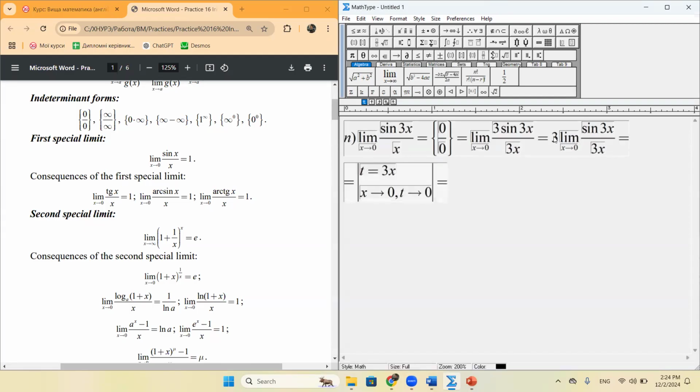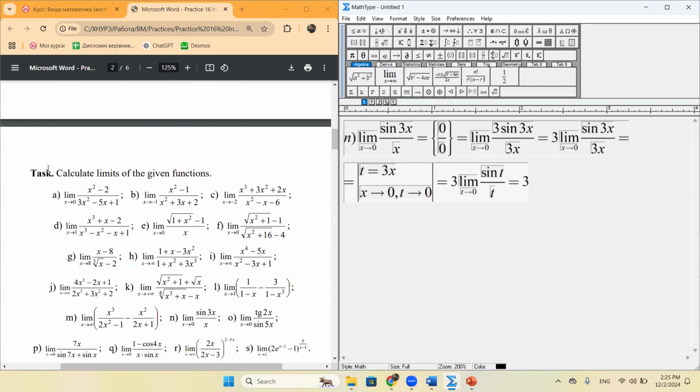So if we make such substitution, we will receive the next. So t approaches 0 and sine t divided by t. And what we see, this is the first special limit. So it equals 3. Any questions about this task? Okay, as I see, no questions.